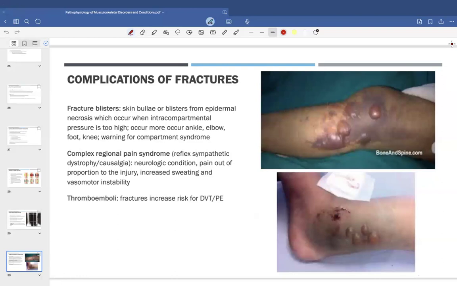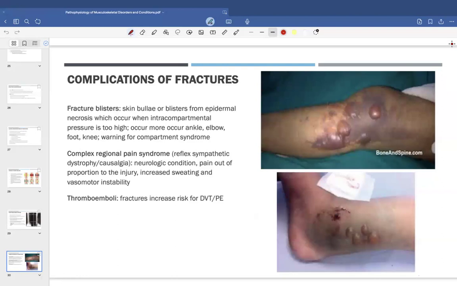A bulla, why does it form? What happens? Fluid gets stuck between the basement membrane. Right, so there's separation of the epidermis from the basement membrane. Something is triggering this separation.